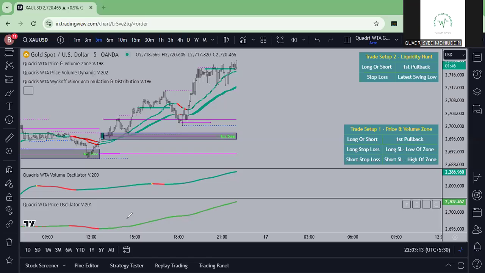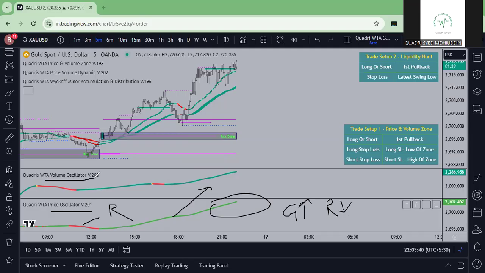I'll start from the bottom. Price oscillator: if prices are going to go up, you will get the oscillator color as green. If prices are going to go down, the oscillator color would be red. So green stands for prices going upwards, and red stands for prices going downwards.